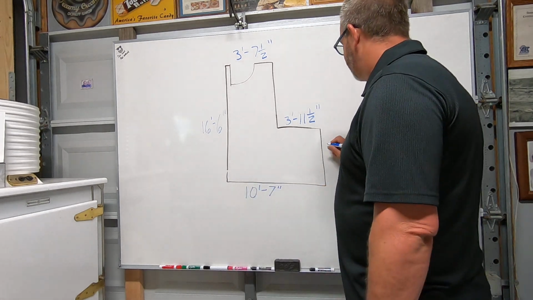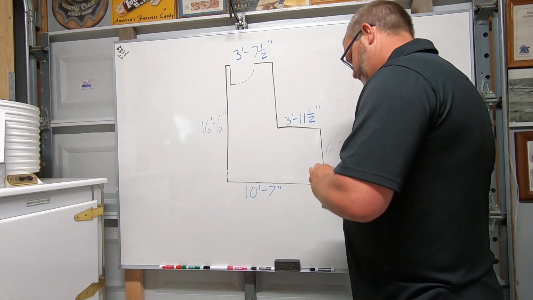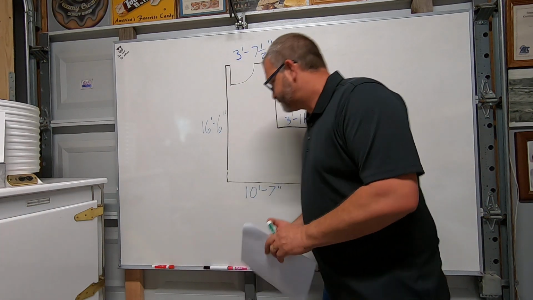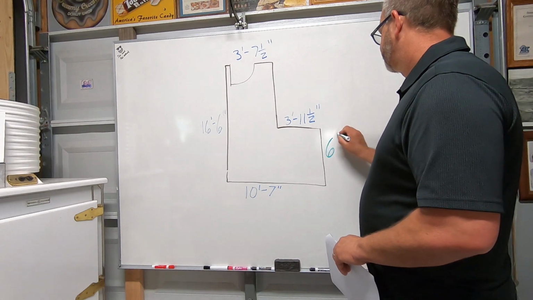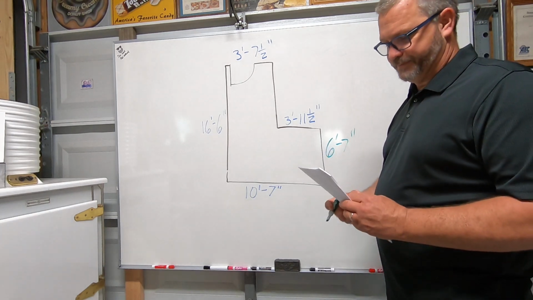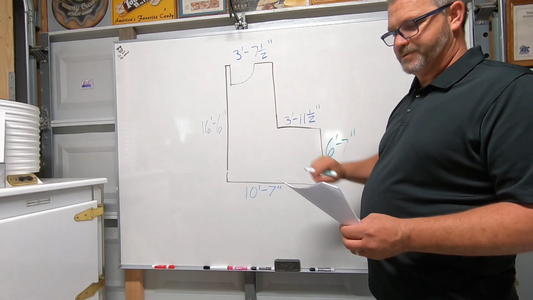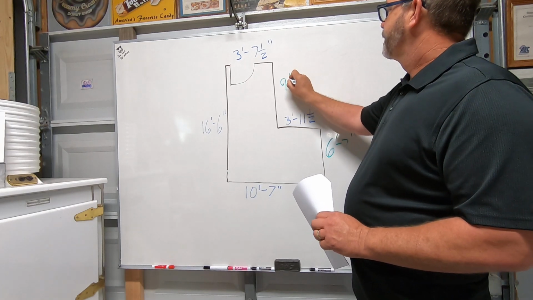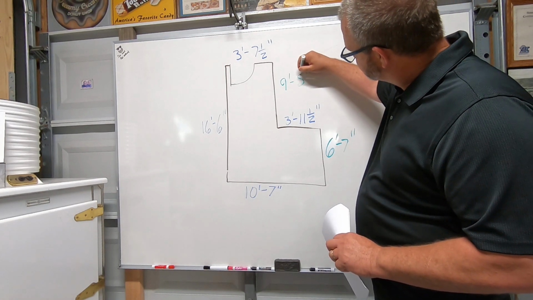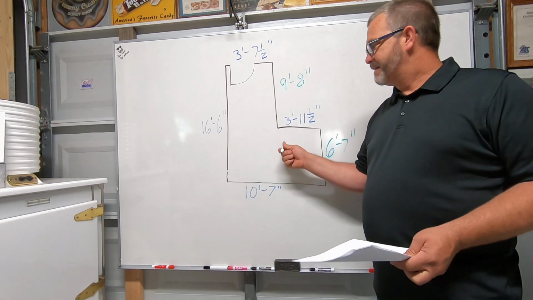Over here, I got 6 feet 7 inches. 10 feet 7, 3 11.5. This dimension right here, 9 feet 8 inches. So these are the dimensions of that bathroom.